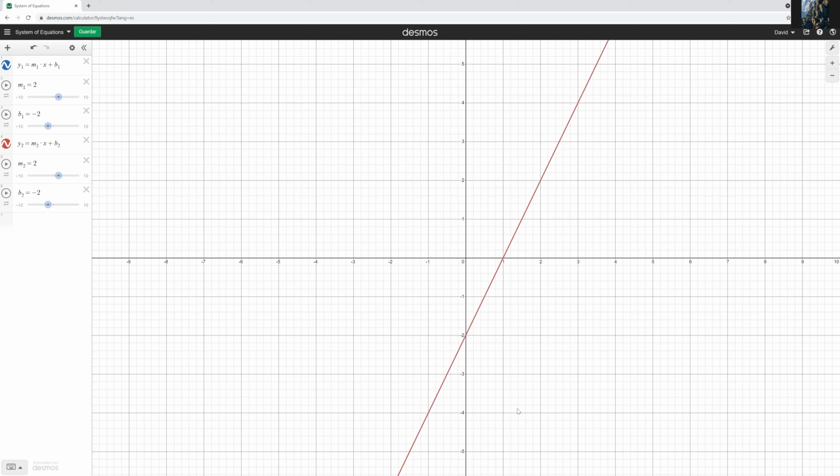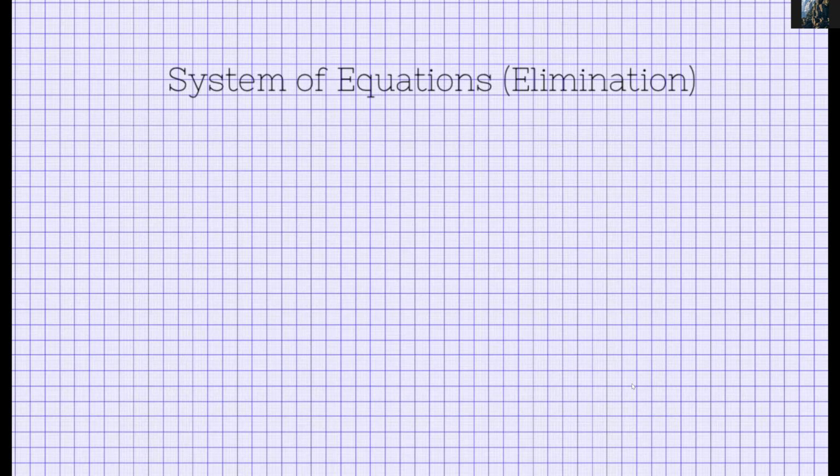So let's go back and let's take a look at how this will go down. Let's begin with example number 1. Let's imagine that we are given these equations. -1 minus 11y equals -8x.